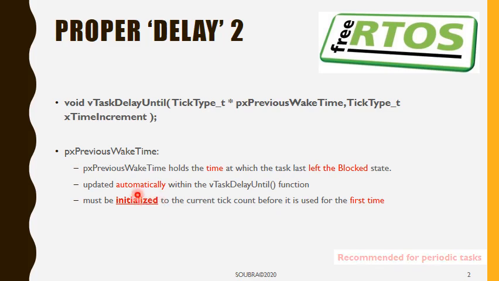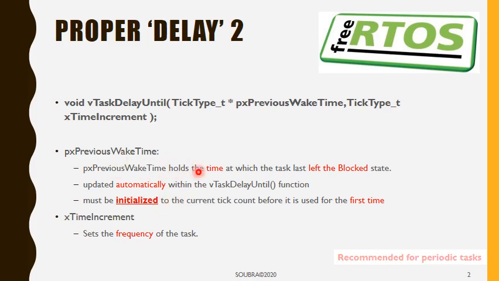Fair enough? And this initial timestamp will definitely be the reference for your future coming out from the block state and getting back to the running state. So this is essential.